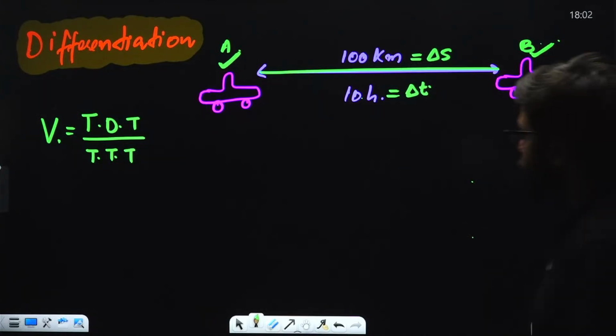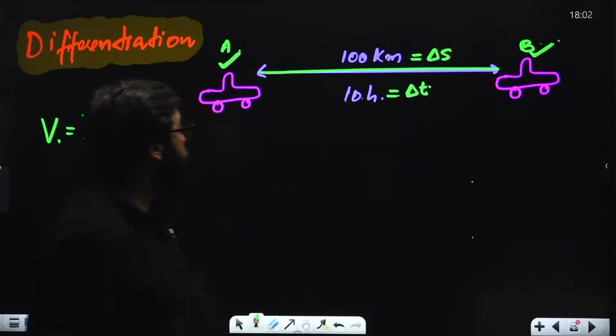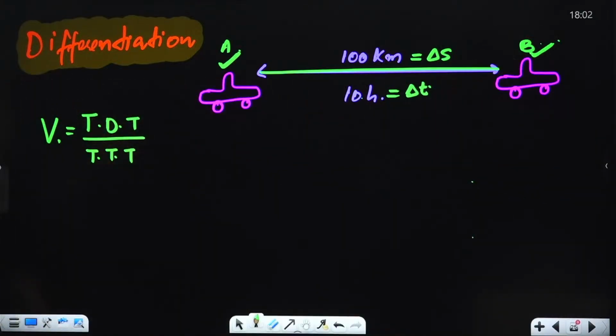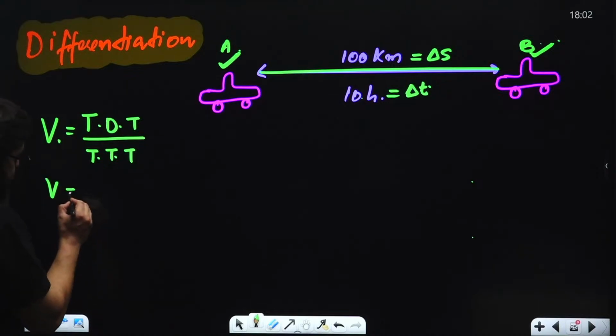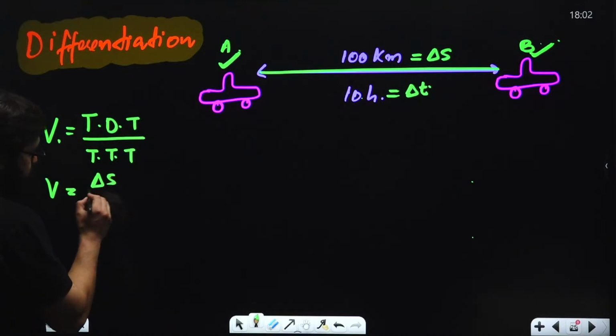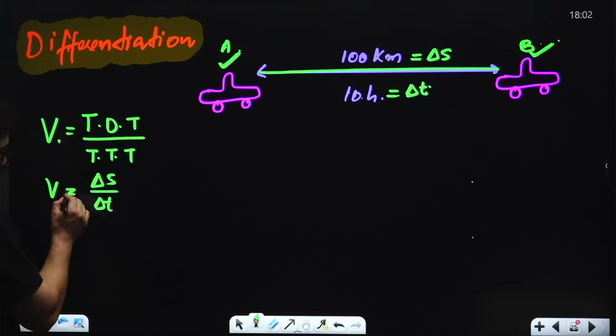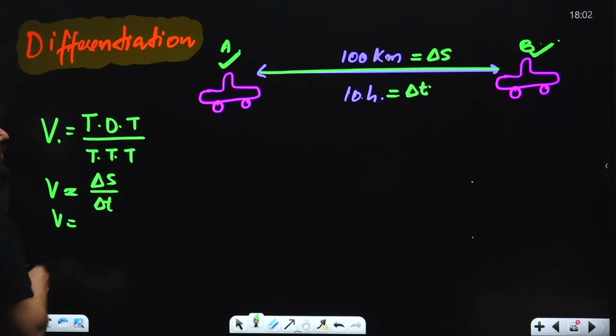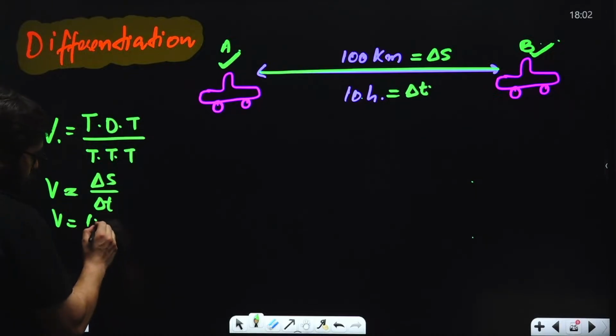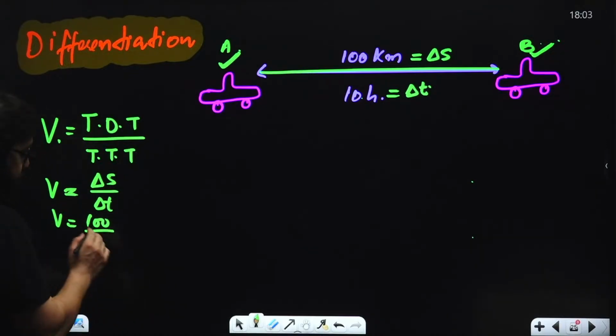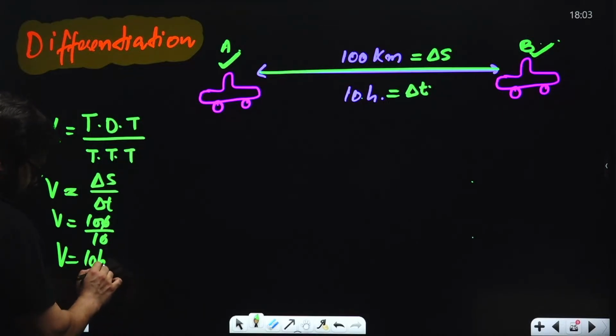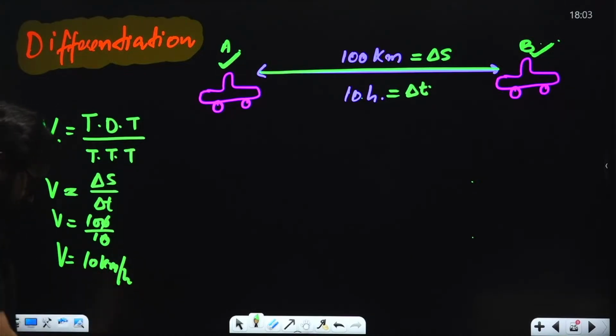I can write this as delta S divided by delta T. Delta S is 100 divided by delta T, which is 10. And this speed will come out to be 10 kilometer per hour.